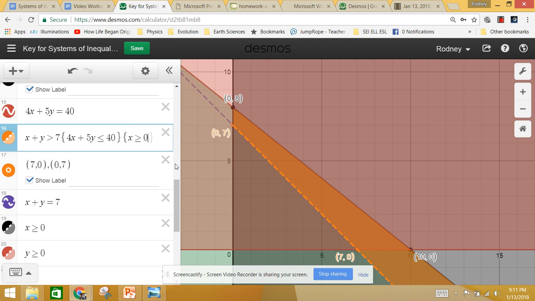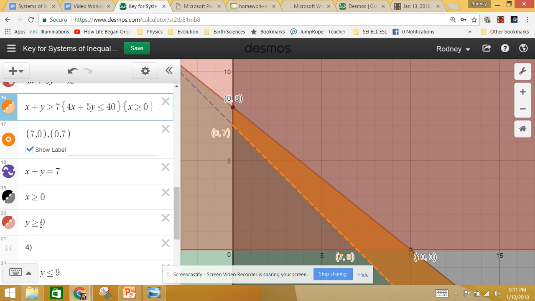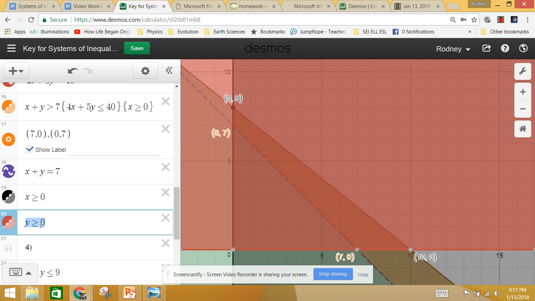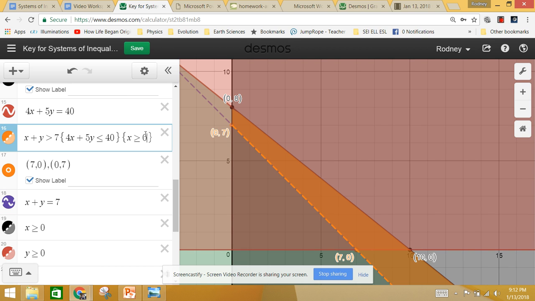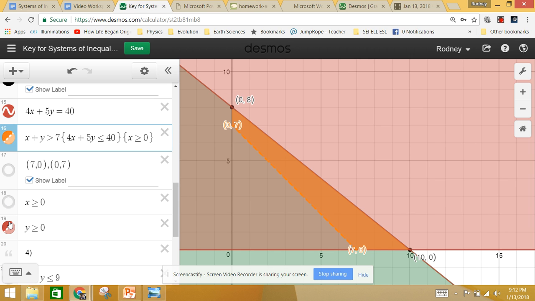And this shows you a little bit about what you can do on Desmos as well. I'm going to go right up here. Make all of these restrictions. And now I'll turn all this stuff off so it's not muddying up the waters for us.